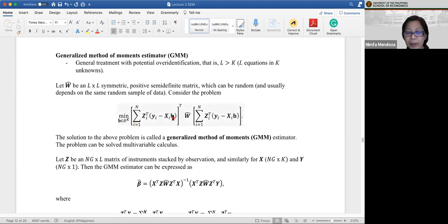If you substitute the appropriate estimator, you get the value of this objective function. As I said, this would be the estimated residuals.